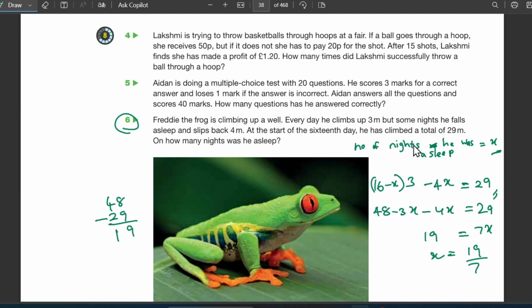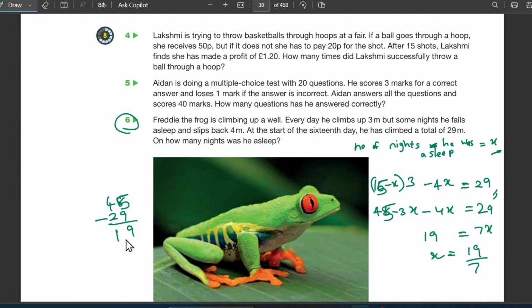But some nights he falls asleep 4 meters at the start of the 16th day. At the start of the 16th day, so this should be 15. So this should be 45. 45 minus 29.